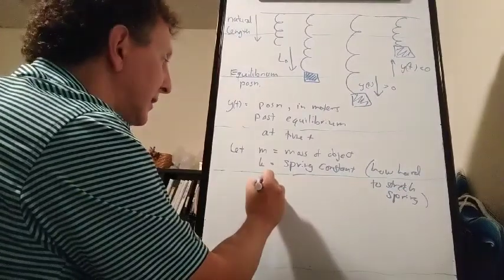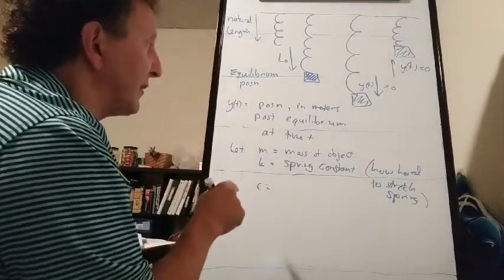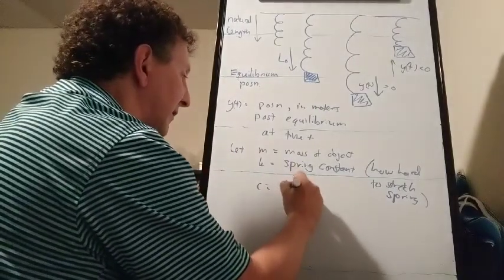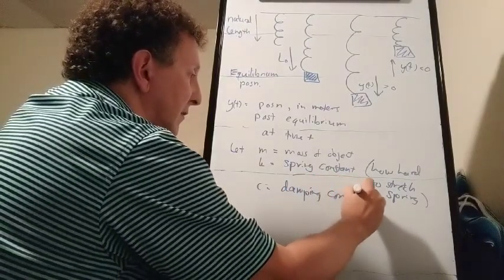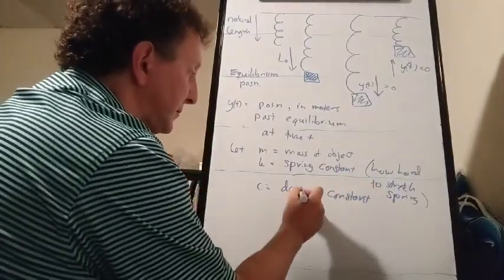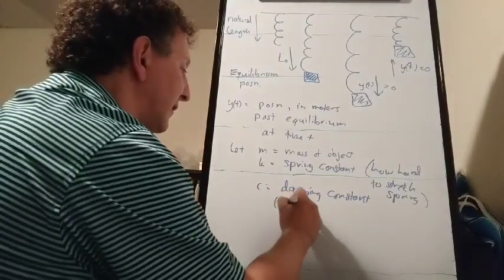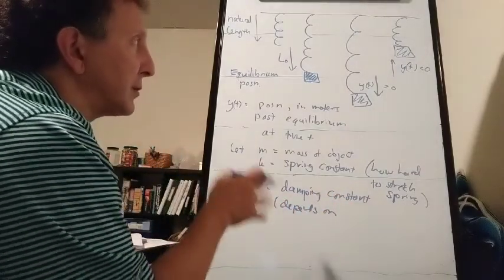Then other things that are going to be related, that are going to be important in the differential equation, are a constant called c, which is the damping constant. The damping constant depends on the liquid that the spring might be in.